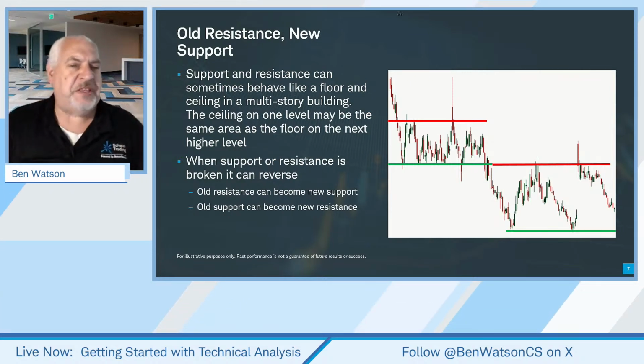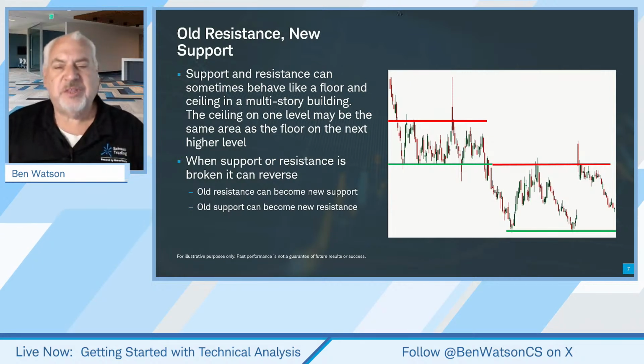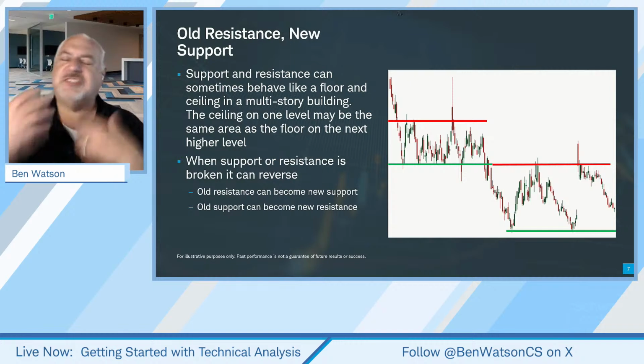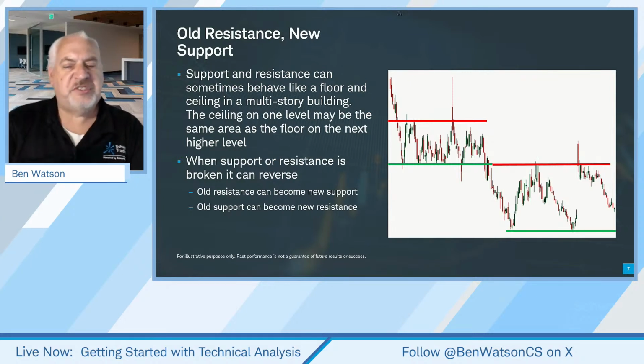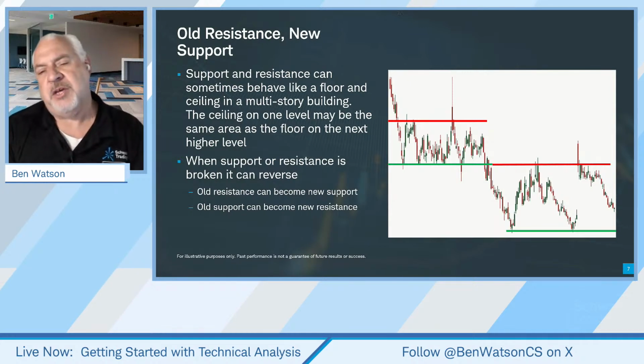So you might just repeat that mantra to yourself: old resistance can become new support. Just to remember whatever it takes for you to help remember that construct, that old resistance can potentially become new support and old support potentially can become new resistance.